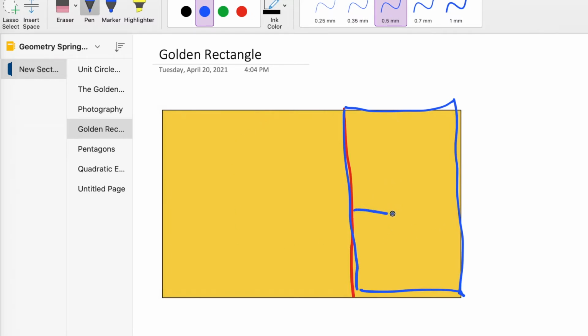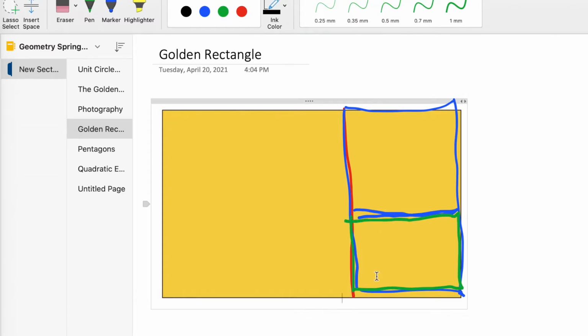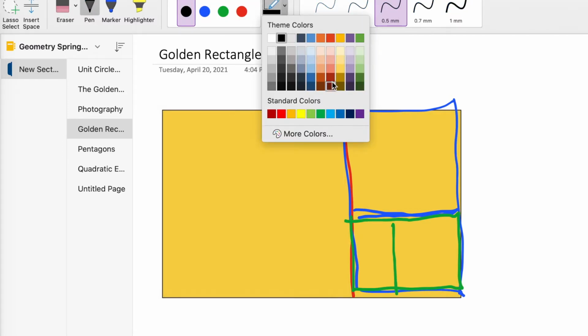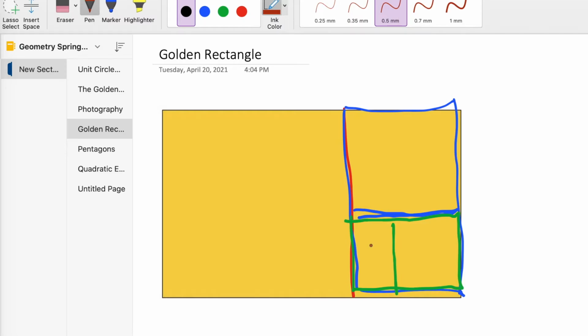So we're going to cut a square out of that one, right? And we can see it makes another rectangle. And it would, if I did it correctly, be the same proportions as the original. Then I would cut that one into a square, and again have a rectangle here. That would be the proportions that are similar to the original.